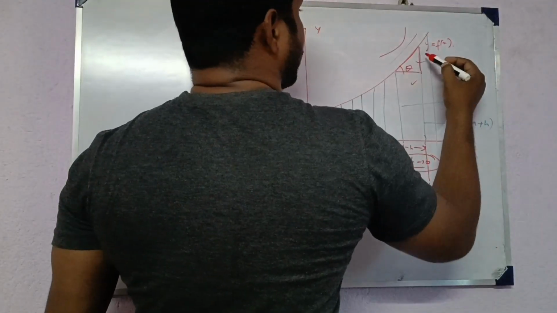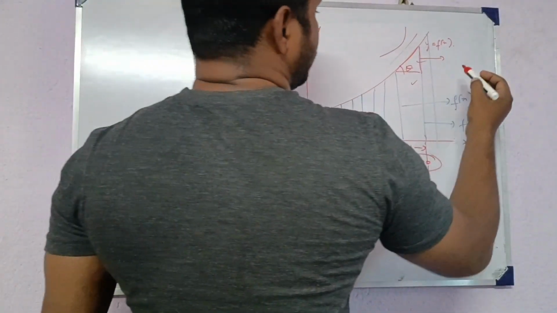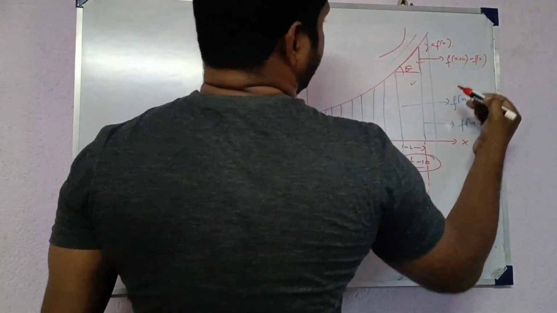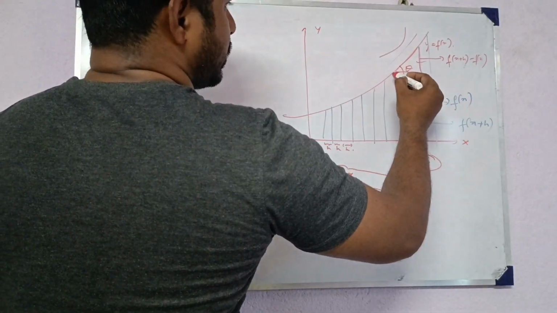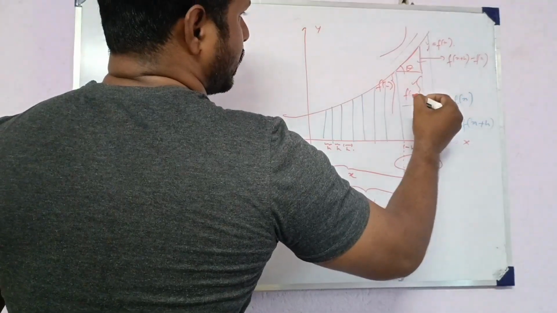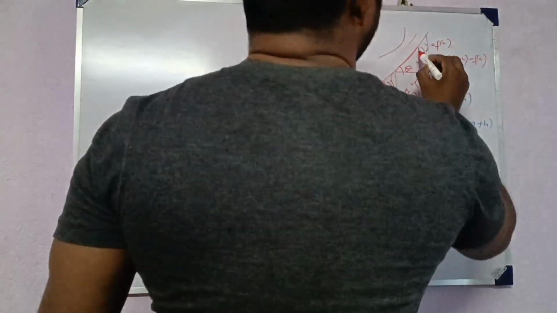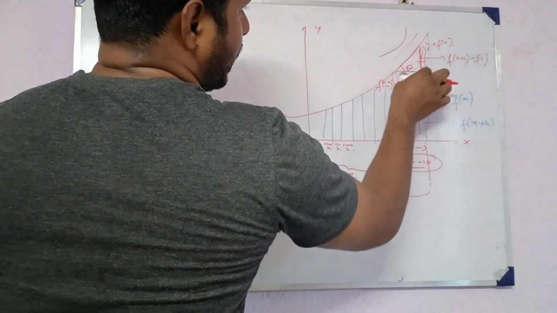The perpendicular of that triangle is p, which will be f of x plus h minus f(x). The total is f of x plus h, and this section is f(x). So this section is also f(x), and only this part is f of x plus h minus f(x), and this part is h.